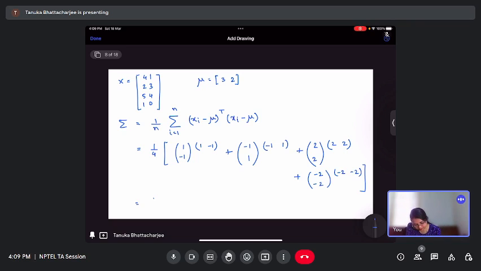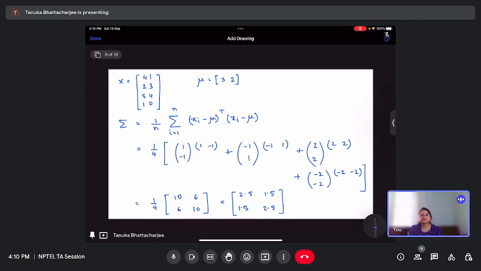If you compute this, it will become 10, 6, 6, 10, right? This we computed last week also. So we can simplify this to 2.5, 1.5, 1.5, 2.5. This is the covariance matrix for these data points.